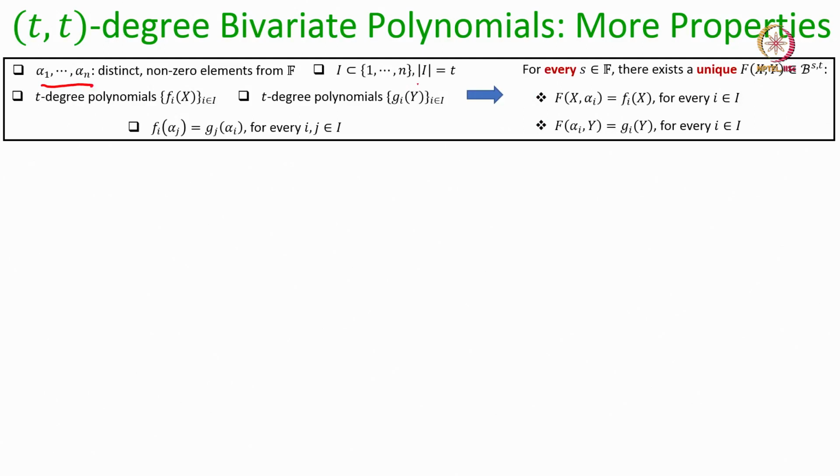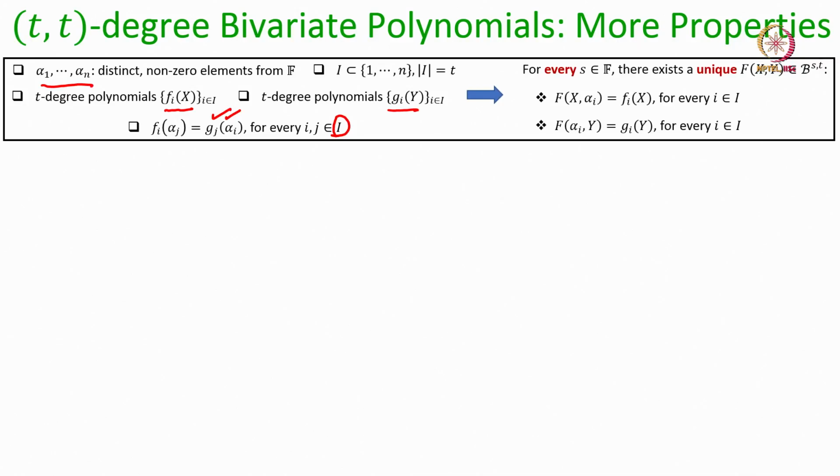Among those n distinct non-zero evaluation points, you are focusing only on a subset of t evaluation points. Now, corresponding to those t evaluation points, you are given t number of univariate polynomials in x and y, of course, of degree t, which are pairwise consistent corresponding to those indices in the index set which you are focusing on.